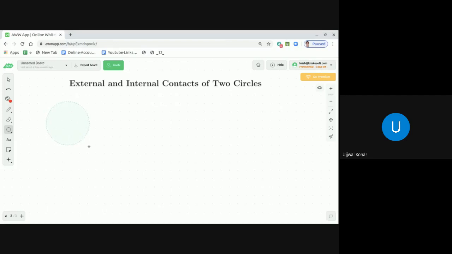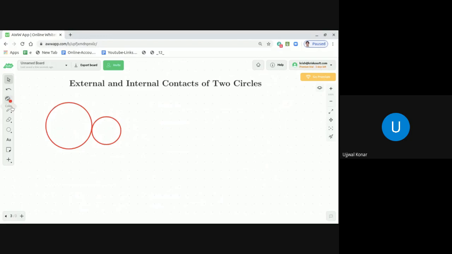This is the first circle, and another circle is this. If you see, these two circles touch each other externally.